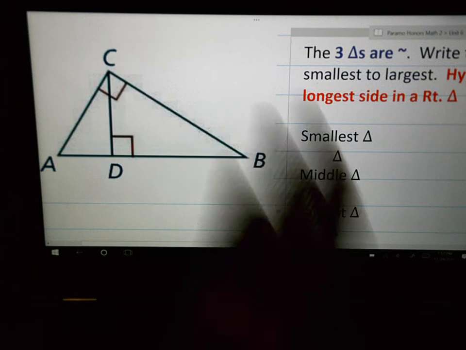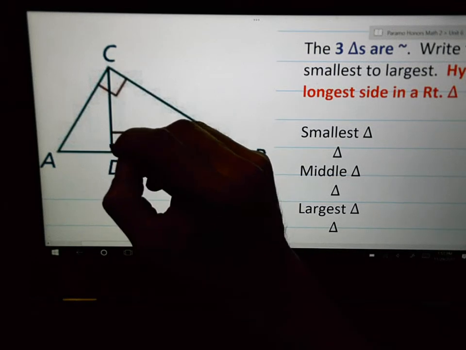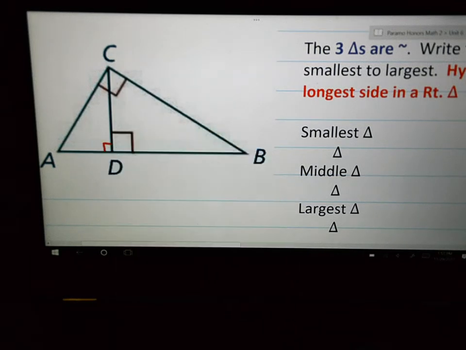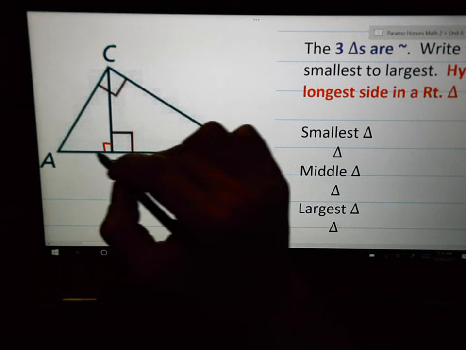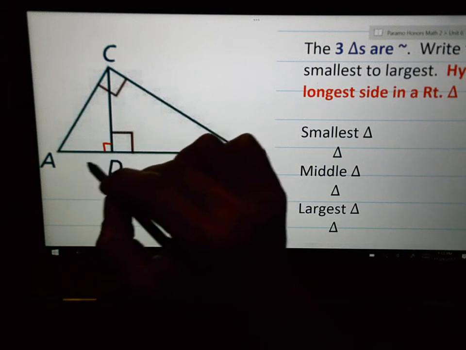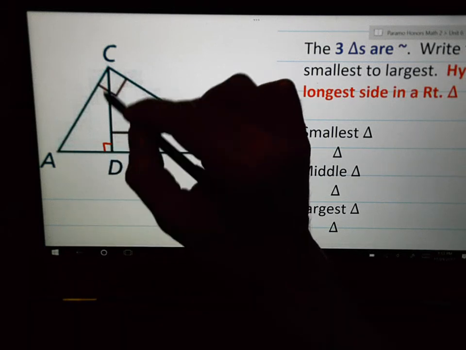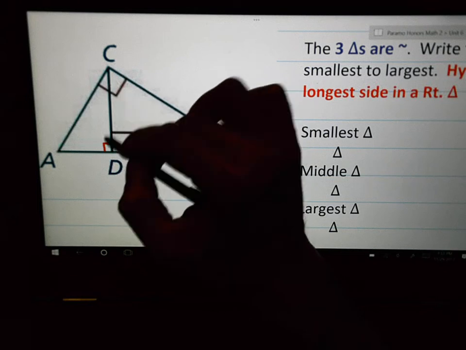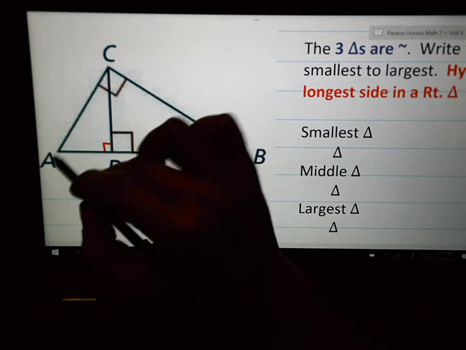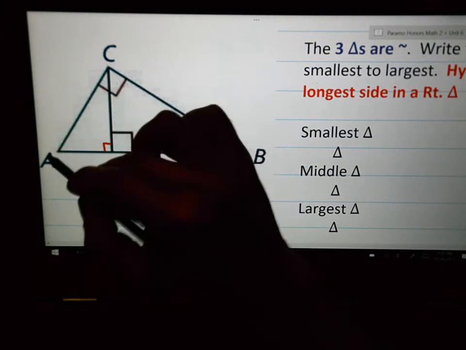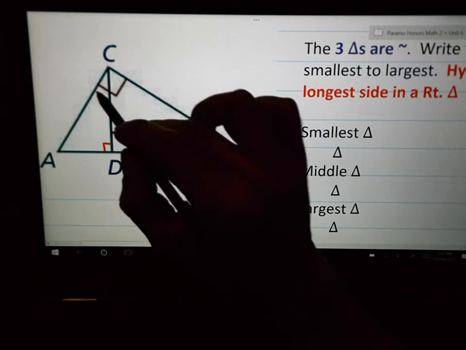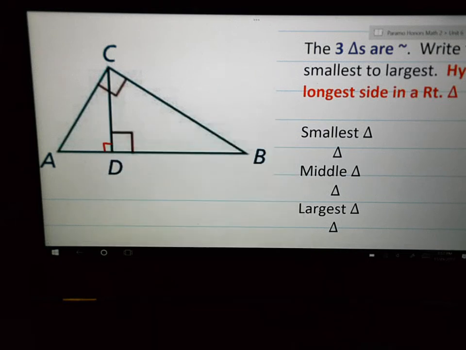If I'm looking at this small triangle, here's the hypotenuse of this triangle, and I want to know the smallest side. This is the shortest side right here. Then this is the medium or the middle side, and then the hypotenuse of this short triangle is AC. That's the longest side of the small triangle.